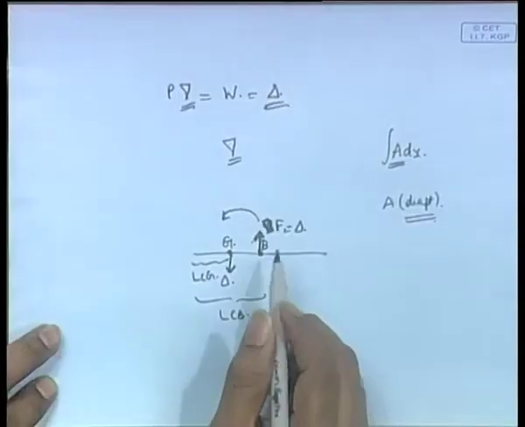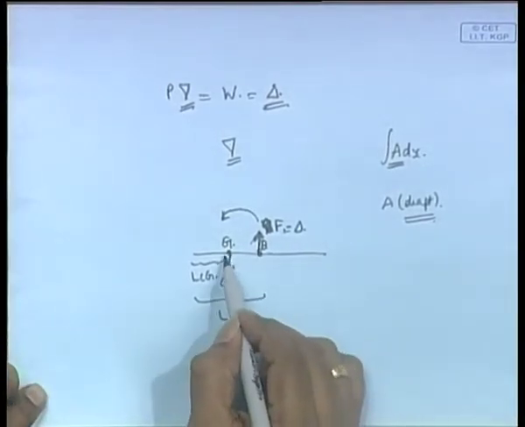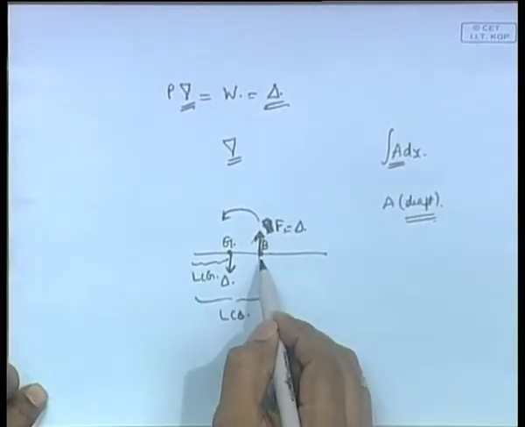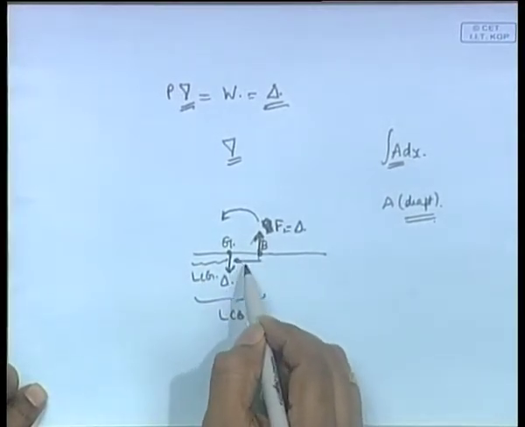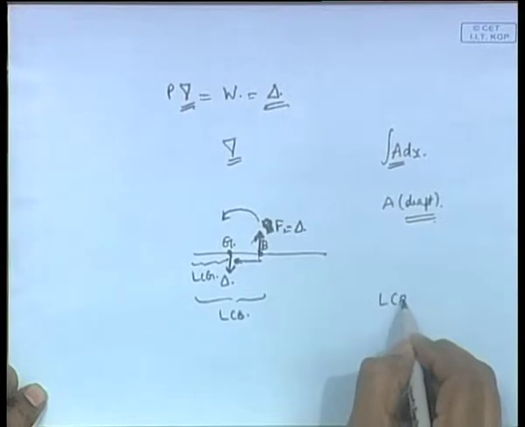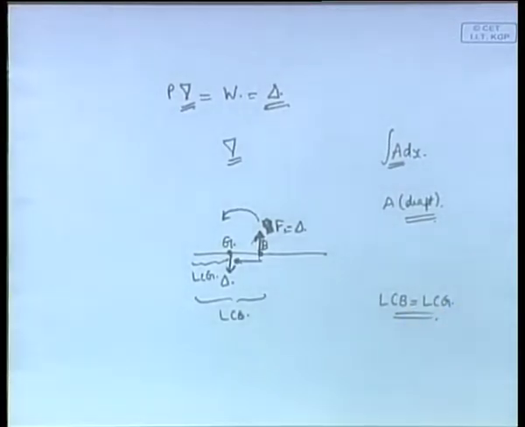So, in this particular case, G is behind, therefore, the ship will trim by aft. So, B will keep moving backward, and it will keep moving till B coincides with G. So, LCB becomes equal to LCG. When this happens, the ship stops trimming and it is in a stable condition. Okay.